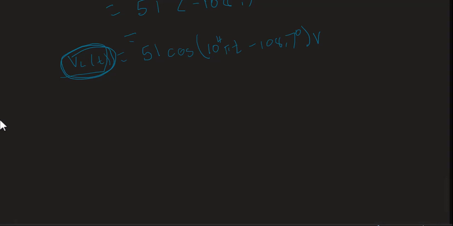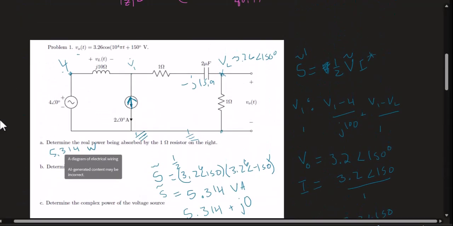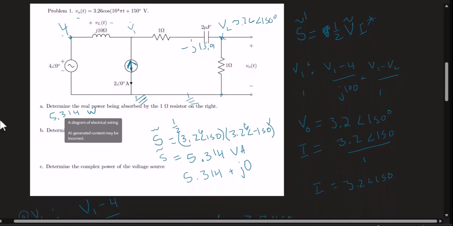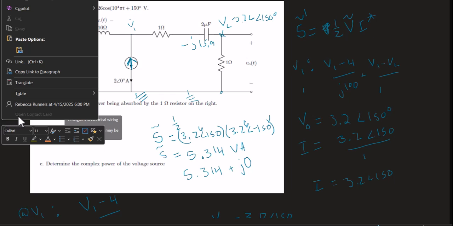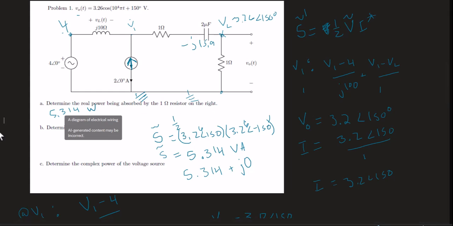So now we want to determine the complex power of the voltage source. If we look at our voltage source, we know the voltage across it, of course. Do we have the current through the voltage source? Easy enough to find.